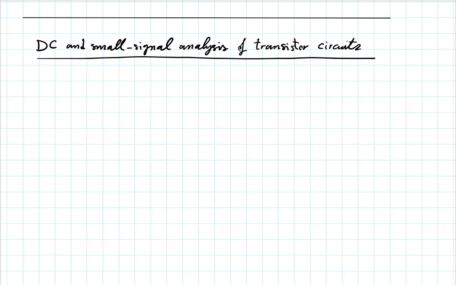Now, if you are doing a DC circuit, these voltages and currents are constant with time. Sometimes you encounter a situation, and this is very common, where you make small changes to these node voltages or, in general, voltages and currents in the circuit.